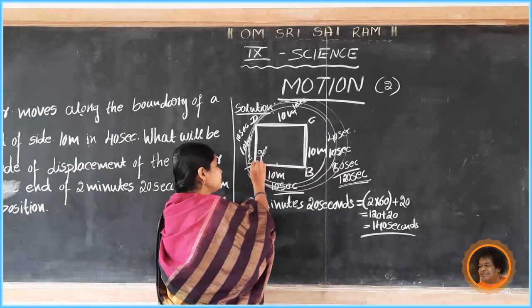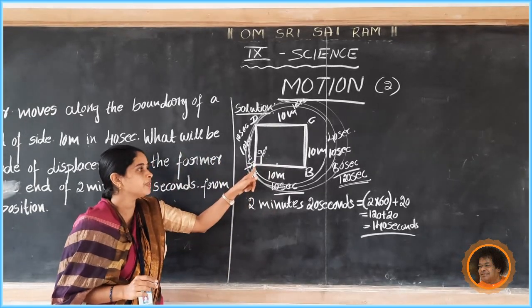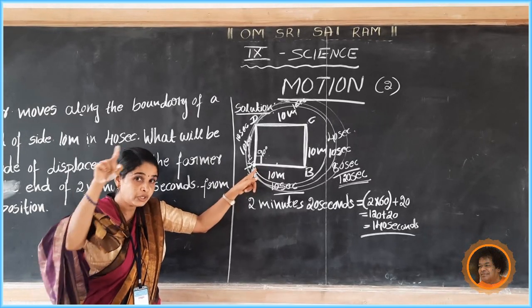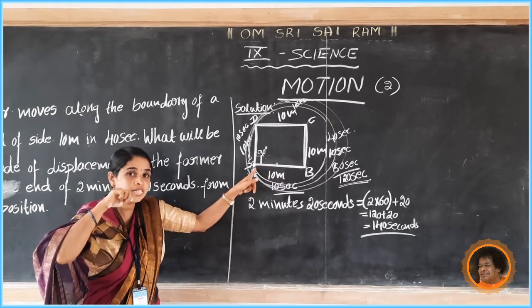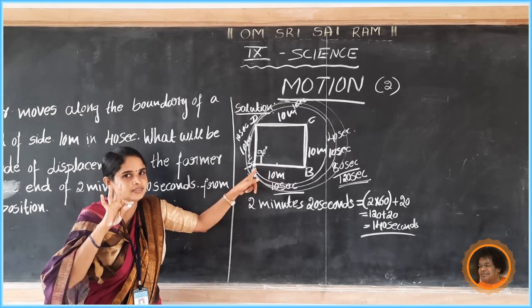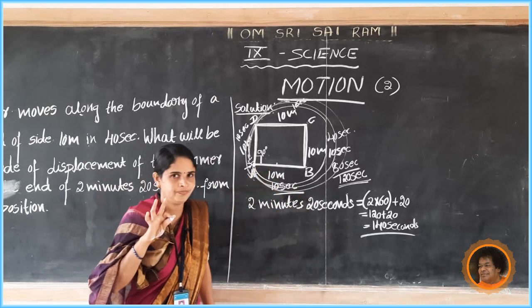Okay, now here the place of this farmer is A. That means in 120 seconds, he completes 3 rounds, 3 cycles. Okay, here 140 is given.